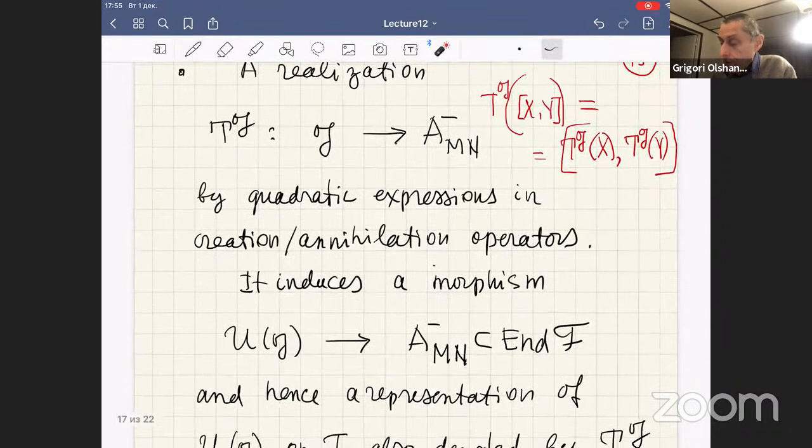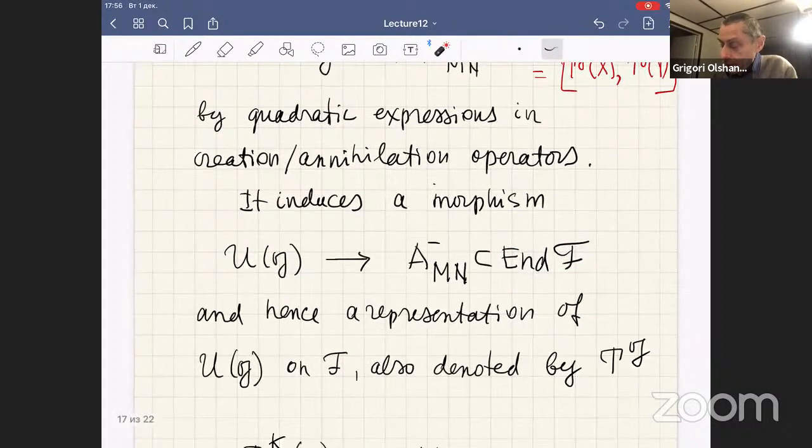And by the general formalism, such a morphism of Lie algebras induces an algebra morphism of a universal enveloping algebra into this algebra, the algebra of differential operators with polynomial coefficients, which is embedded in the algebra of all operators on our Fock space.